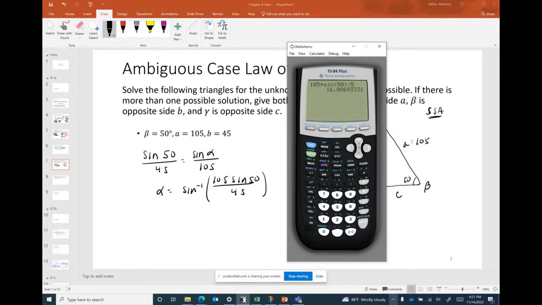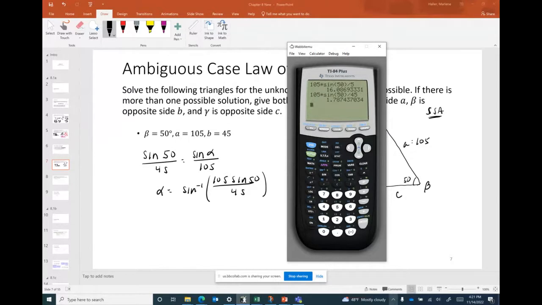Oops, divided by 45. Let's try that again. My 4 didn't click. There we go. 1.787. Can I have any angle that has a sine of 1.787? No. So that's why we have a domain error.